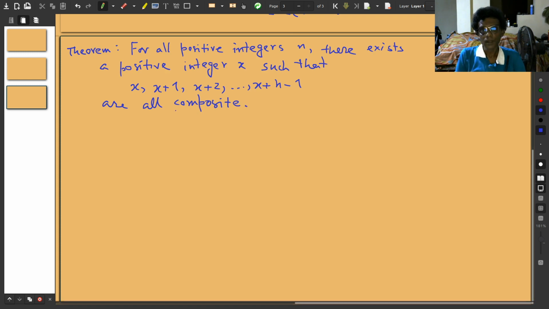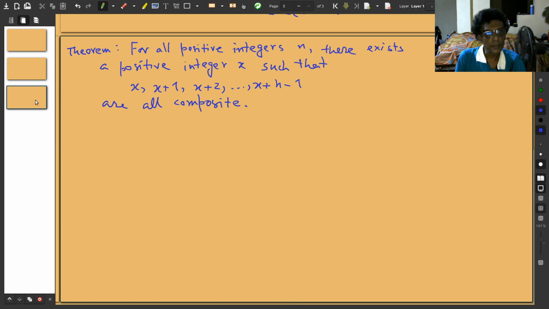That means if I look at the sequence of primes, there are arbitrarily large gaps. I can choose any integer n and still the sequence of primes will have a gap of size n or more.